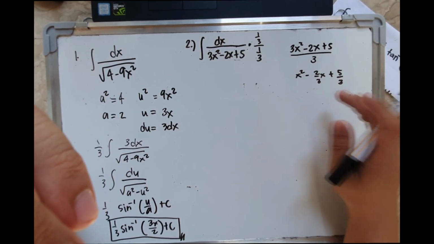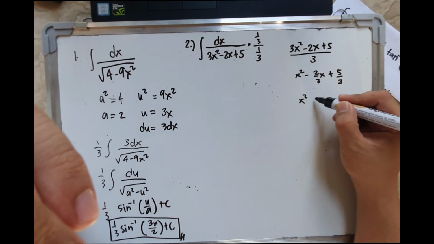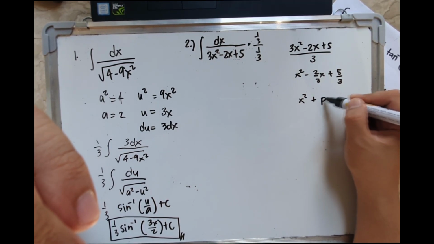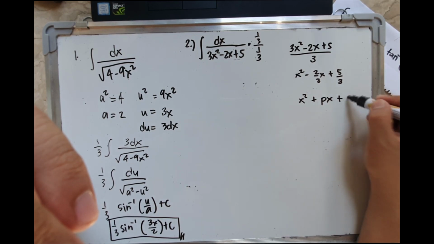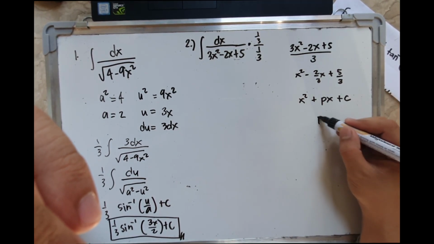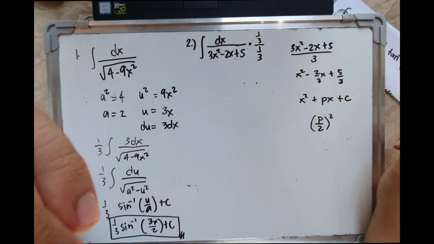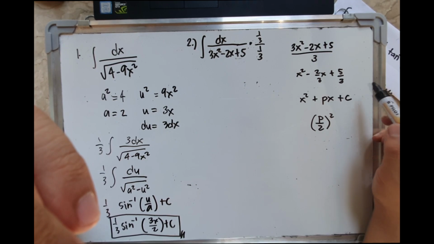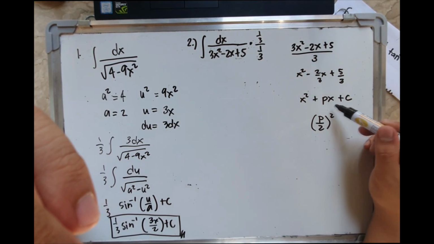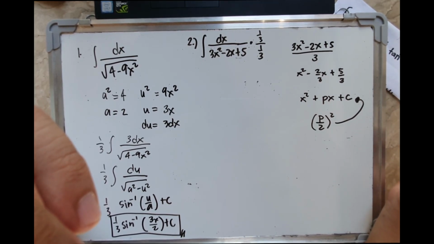How to complete? Our technique is finding p. x squared plus px plus a constant. What shall we do? We divide p with 2, p over 2, and then square this one, and it will be added in our original equation.